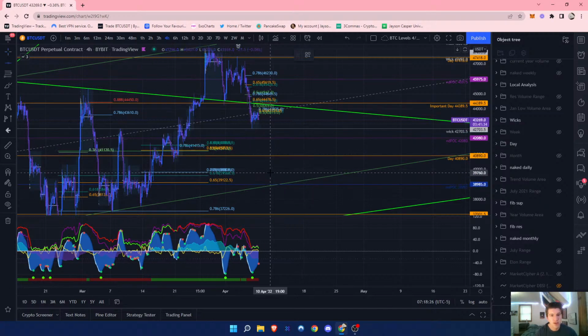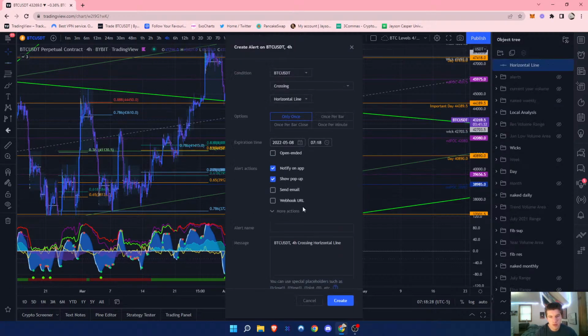Now it does take a while to get used to, to predict or plan out or envision where the market is heading, or what Market Cipher would look like if price did come to that level. So you have to be creative in that sense.